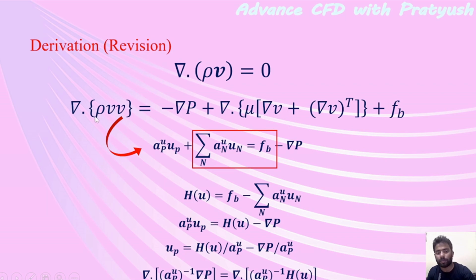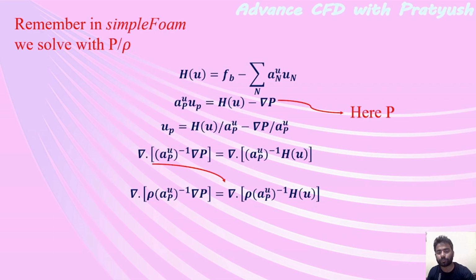So remember, here we are solving for p by rho, but in rhoSimpleFOAM we are no longer going to solve for p by rho; we are going to solve for p only. So this modification we are going to make.